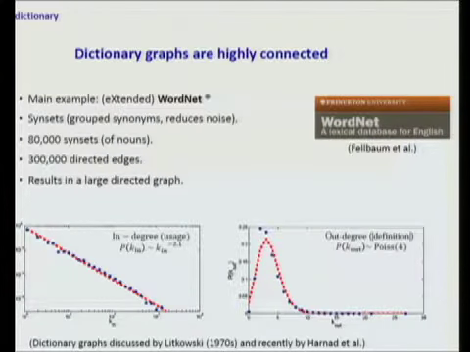It is a scale-free distribution with an exponent of -2.1, while the out-degree, which is basically how many nouns appear in the definition, is very narrow. It's more or less a Poisson distribution with an average of four nouns, which makes sense. A definition cannot be infinitely long. It has a very typical length.